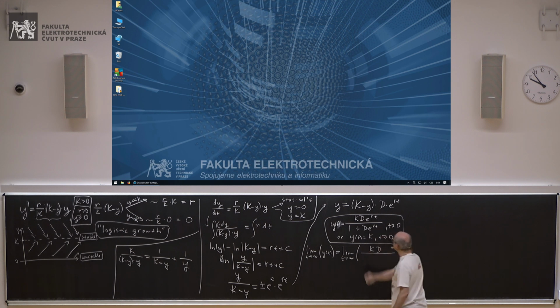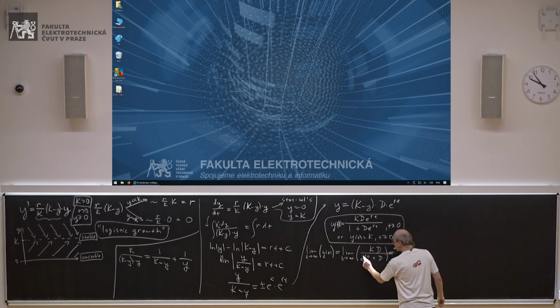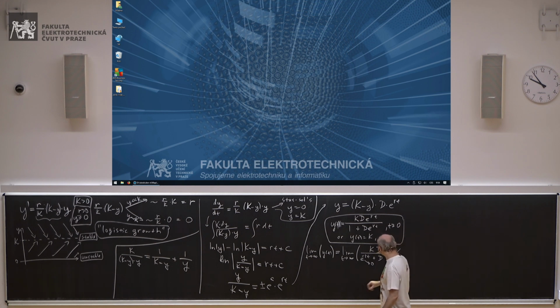kd on the top, e to the negative rt plus d in the denominator. How much is it? Well, negative r is a negative constant, times infinity is negative infinity. This goes to 0, this exponential thing. And because it goes to 0, the outcome is kd divided by d, which is k. And as I said, this is true whenever d is different from 0.